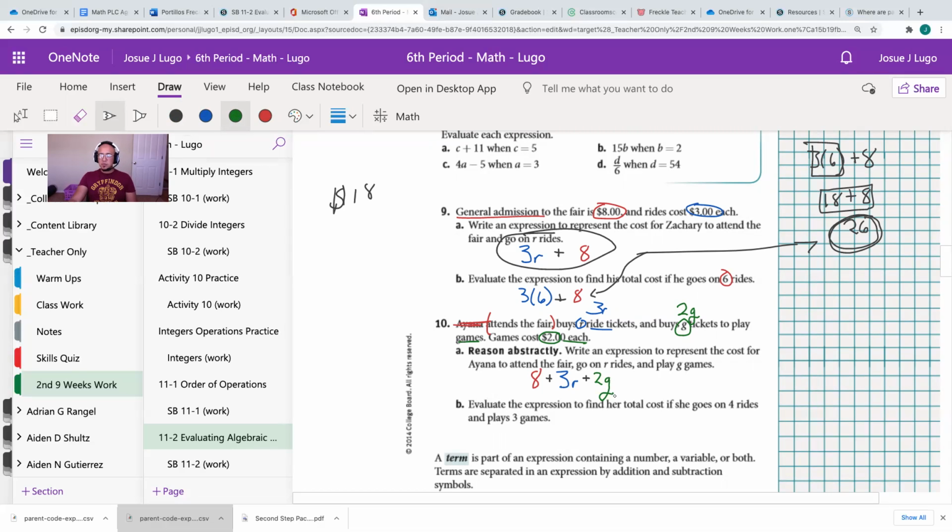That is our new expression: 8 plus 3r plus 2g. 8 to get in, $3 for every ride, which again is going to be different from person to person. That's why I'm using a variable, in this case r, and $2 for each game. And again, I don't know how many games you're going to play. It's probably going to be more than me, but because that's going to vary from person to person, I'm going to use a different variable, in this case g.